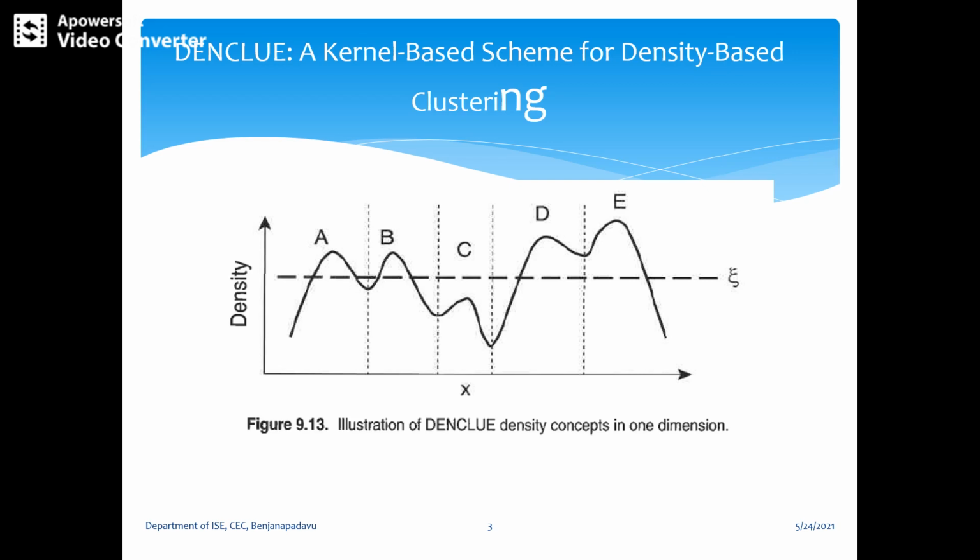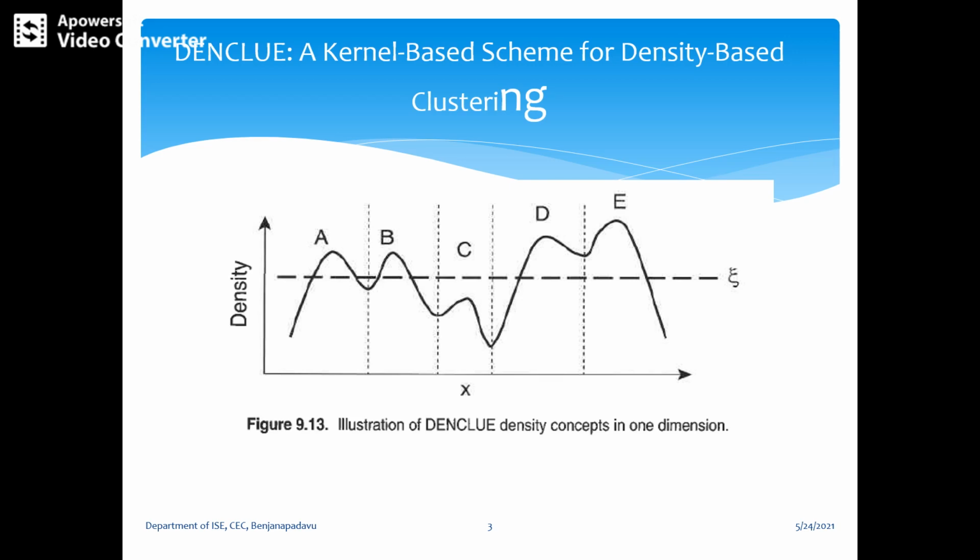The dotted vertical line delineates the local region, also called the influence, of the local density attractor. Points in these regions will become the center defined clusters.